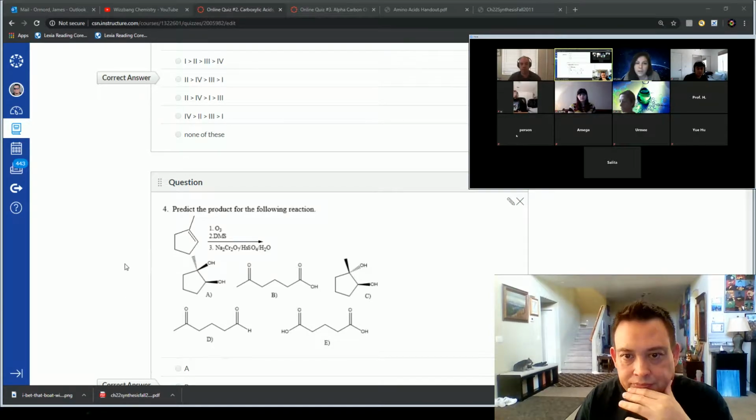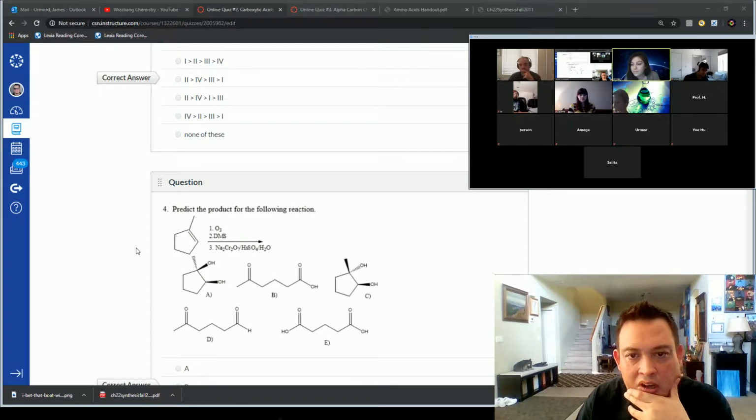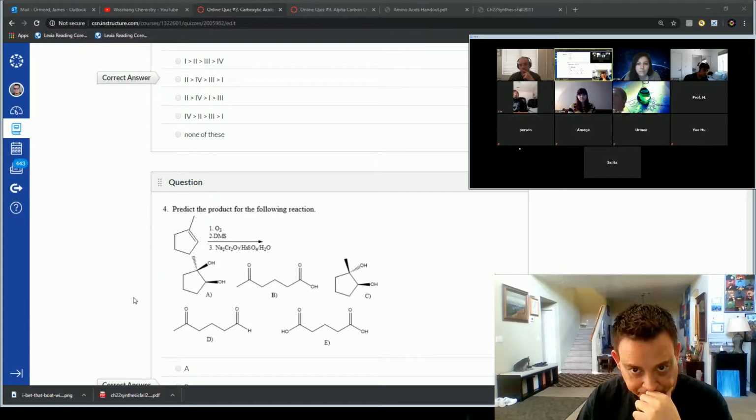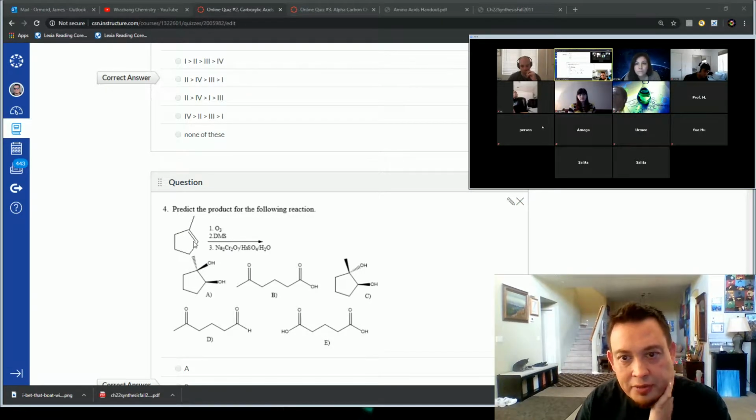Oof, that was brutal. All right, so number 4, this is an oxidative cleavage. So it's a matter of counting your carbons and then recognizing where the carbonyl groups are going to go. So what did you guys get for this one? B. Yep, B is the correct answer.